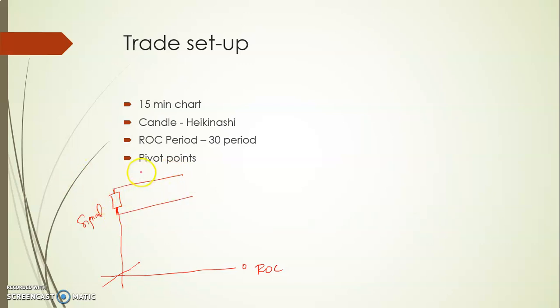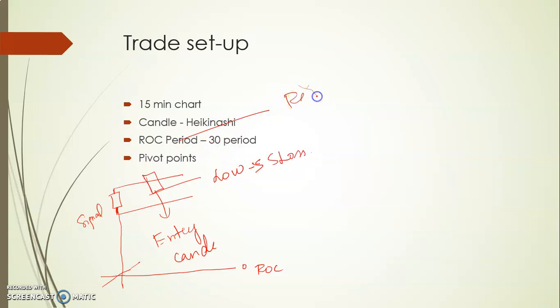Whenever the signal candle's high is broken, then this is the entry candle for buy. The entry candle's low is the stop loss, and then the nearest resistance is the target. Hope you are clear with this.